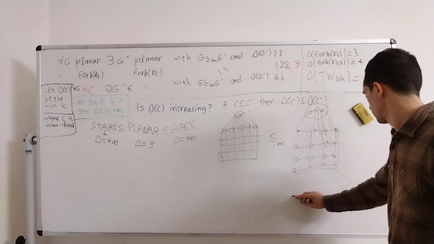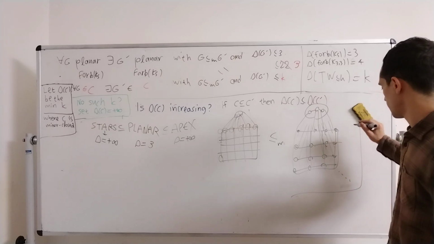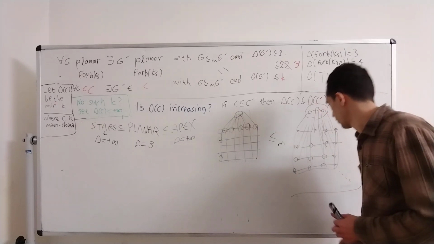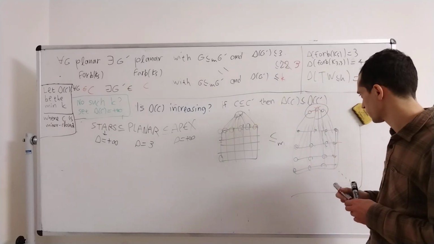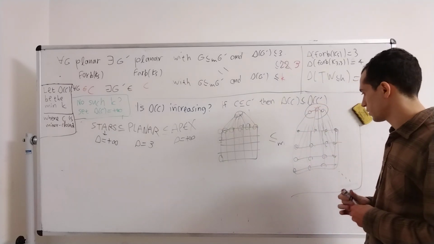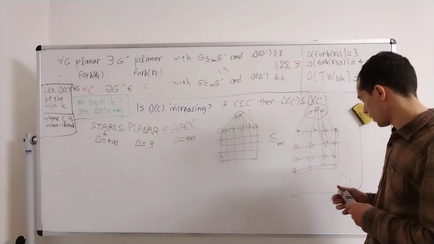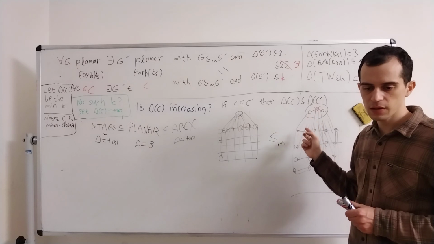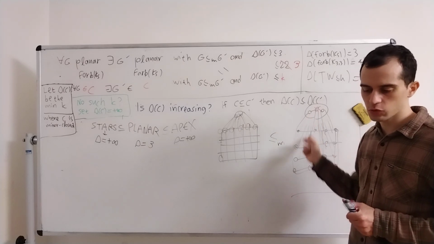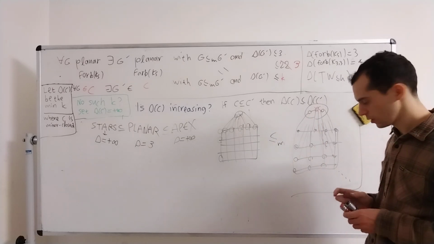then let's say this is the apex vertex. Well, at most k edges going to the grid will be lost, right?